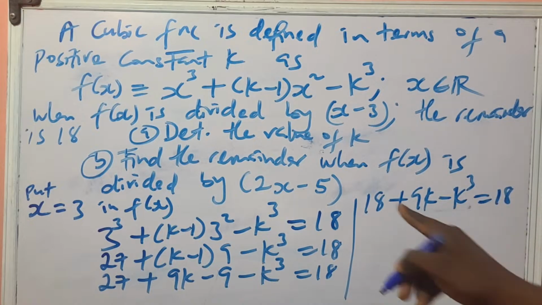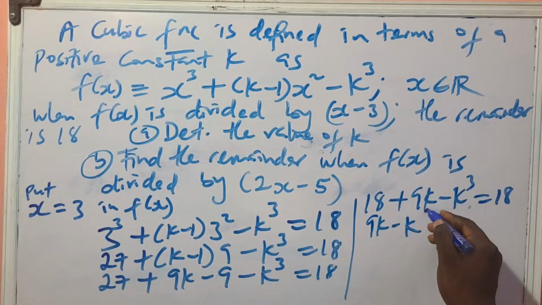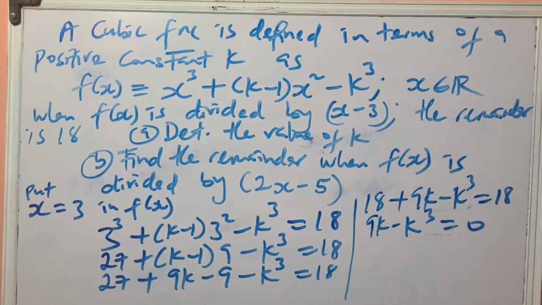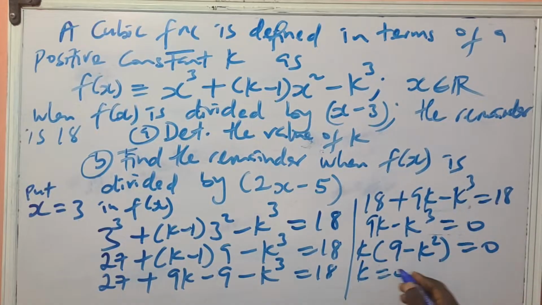So obviously, I take this 18 to the other side, I would have 9k minus k cubed equals 0 because 18 minus 18 will be 0. So I can factorize k outside, and then I will be left with 9 minus k squared equals 0. So looking at this implies that k equals 0, and also 9 minus k squared equals 0. I'm sure you understand what we're doing.